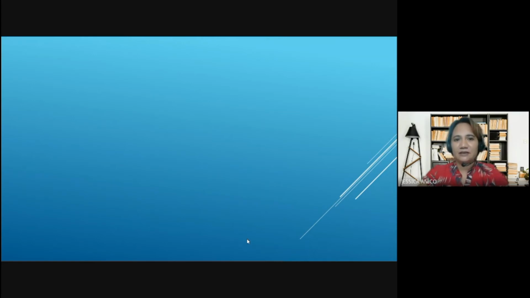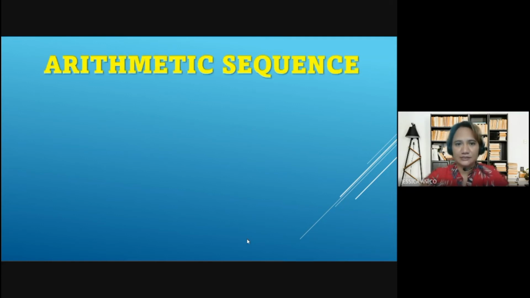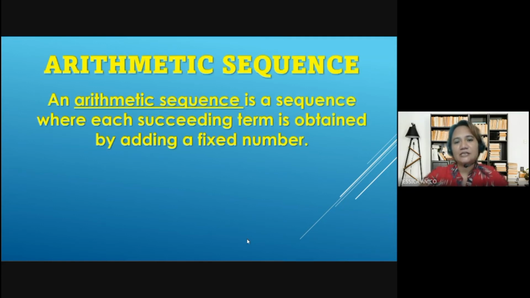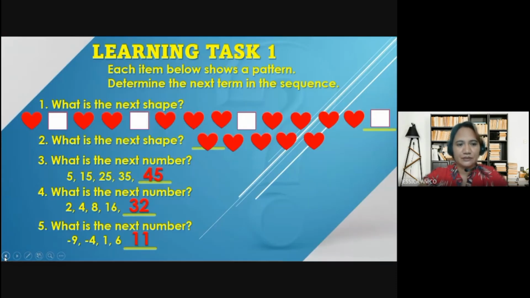Sequence has many types. So for this week, we're going to discuss the first type, and we call that arithmetic sequence. An arithmetic sequence is a sequence where each succeeding term is obtained by adding a fixed number. Okay, we're going to recall the example from 3 and 5, wherein in 3, we add 10 from the first term until we get 45.